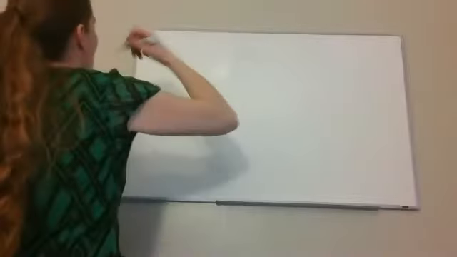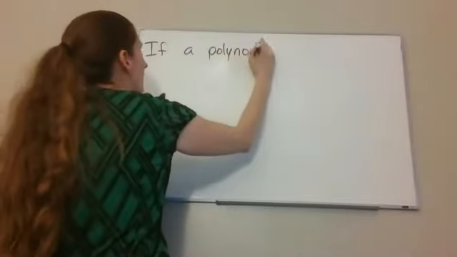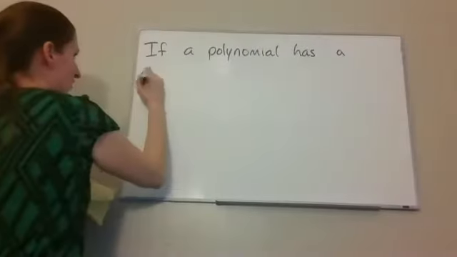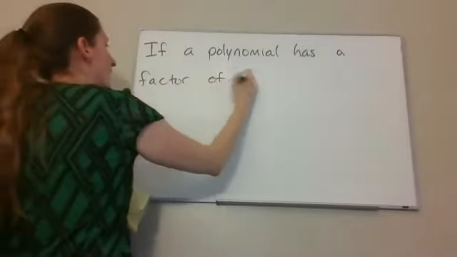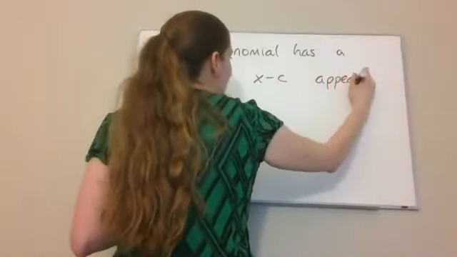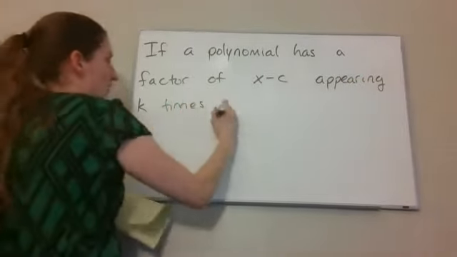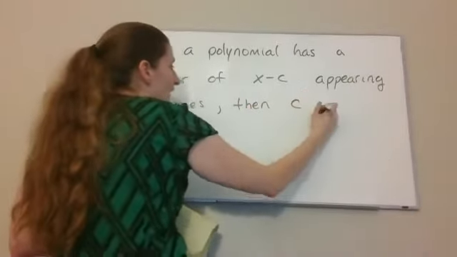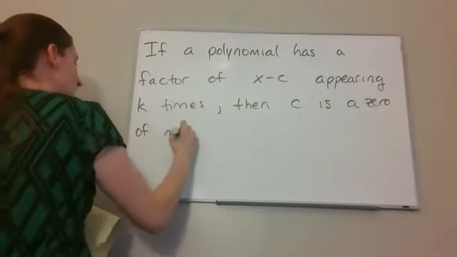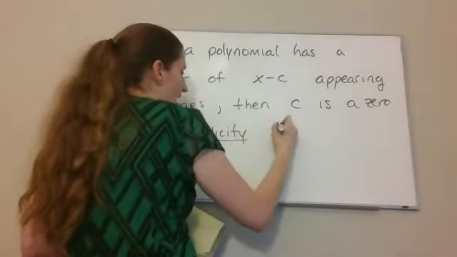So if a polynomial has a factor of x minus c appearing k times, then c is a zero of multiplicity k.